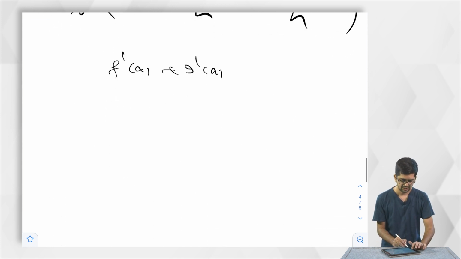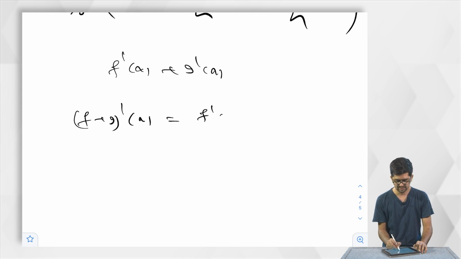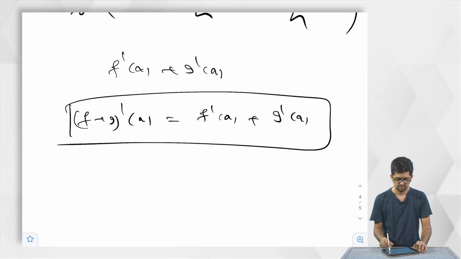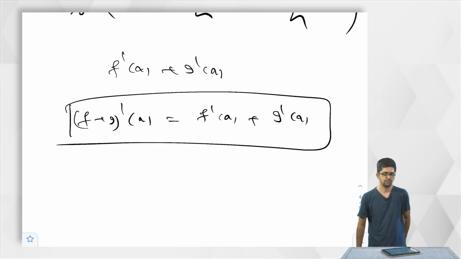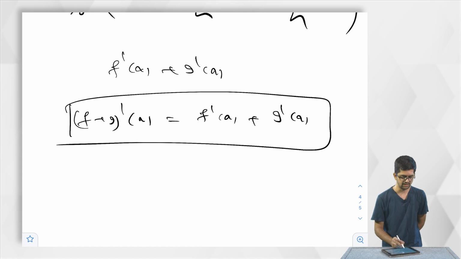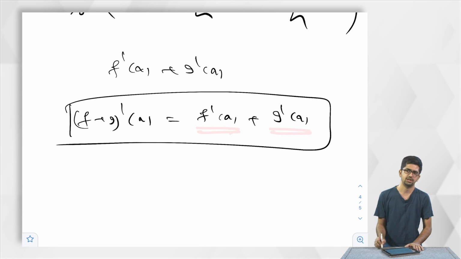What we have is that the derivative of f plus g at a is simply f dash of a plus g dash of a. So, this is one property. We are not just saying that this is differentiable, we are also saying what the derivative of the function at that point is: simply the derivative of f at that point plus the derivative of g at that point.